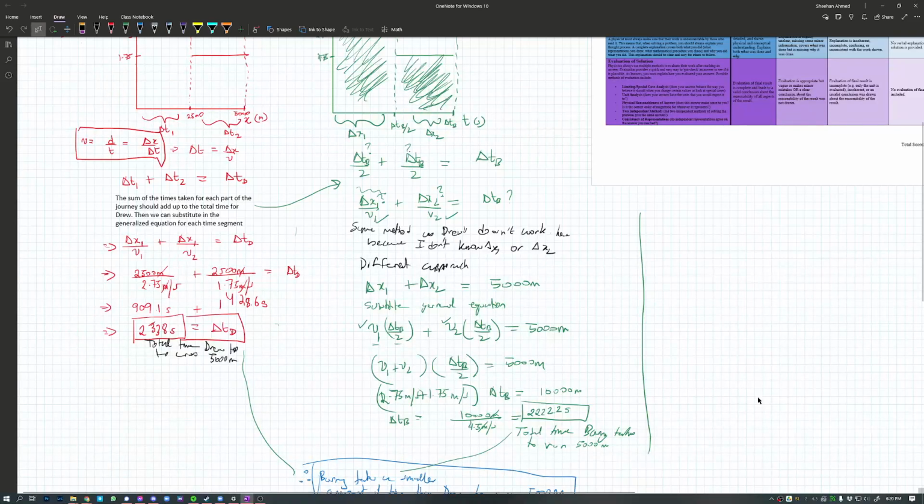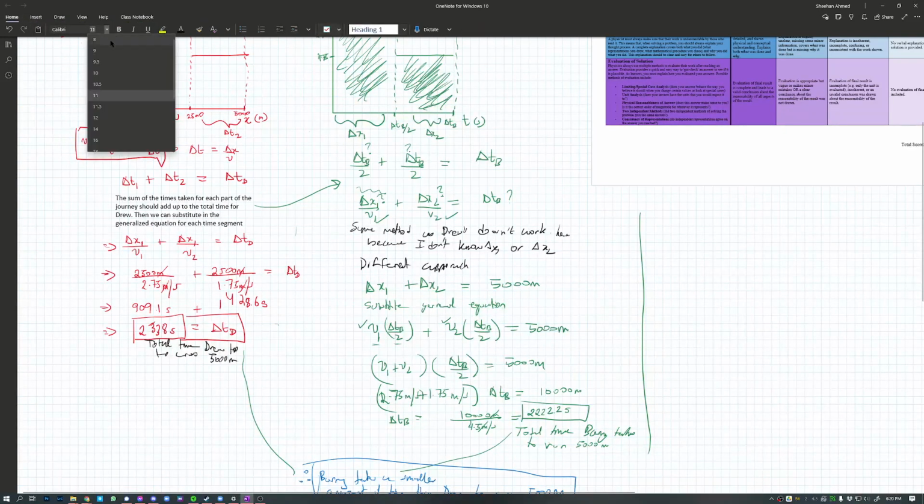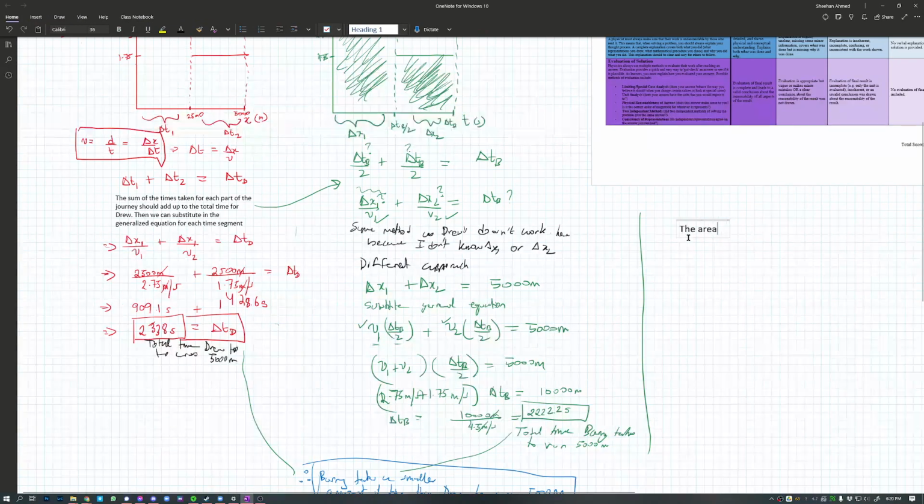Let me type this out. The area under a velocity versus time graph is the distance traveled.